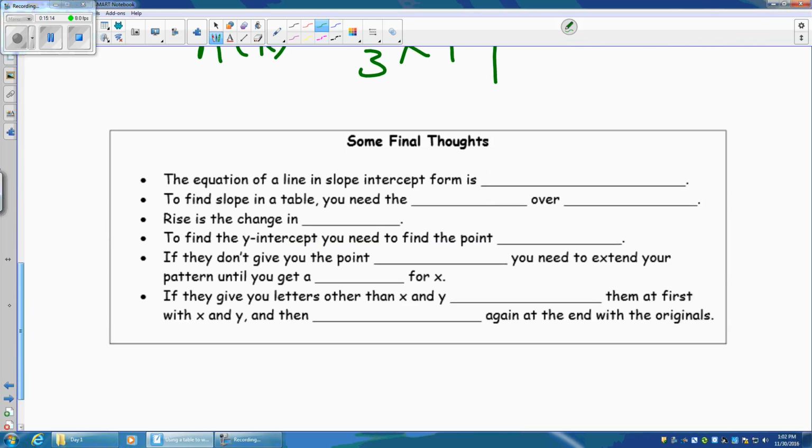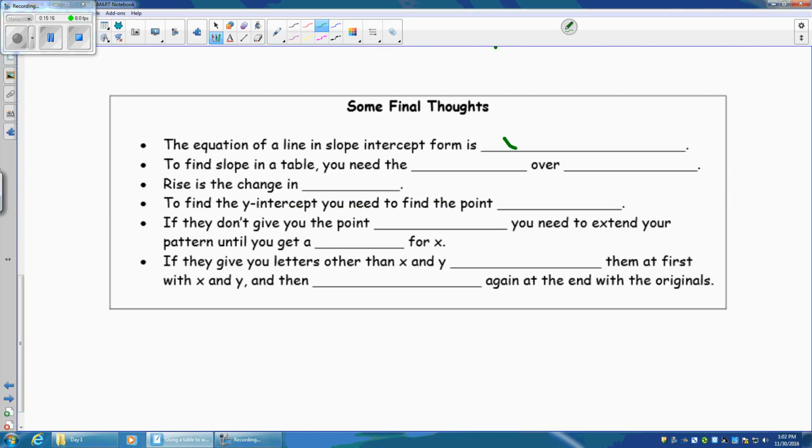The equation of a line in slope-intercept form is y equals mx plus b. To find slope in a table, you need the rise over the run. Rise is change in y's, they rhyme. To find the y-intercept, you need to find the point 0, comma, whatever it is.